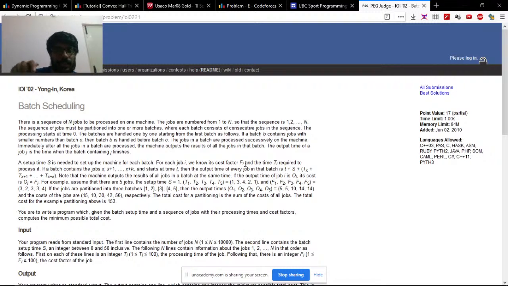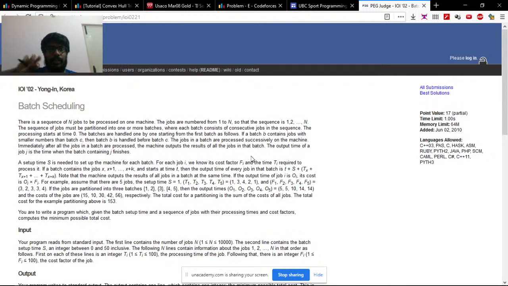But then there is also an extra setup time S, right? Each time a batch is started, this extra setup time S is added. It takes time to start a batch. The goal is to reduce the total cost. If S wasn't there, the obvious thing is to batch every single job on its own, because as you increase the size of a batch, the earlier jobs' time increases.